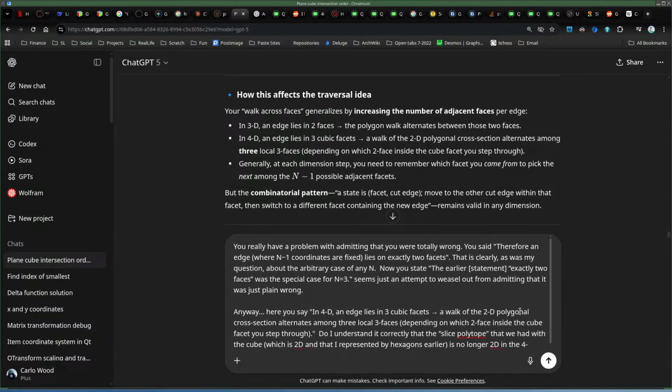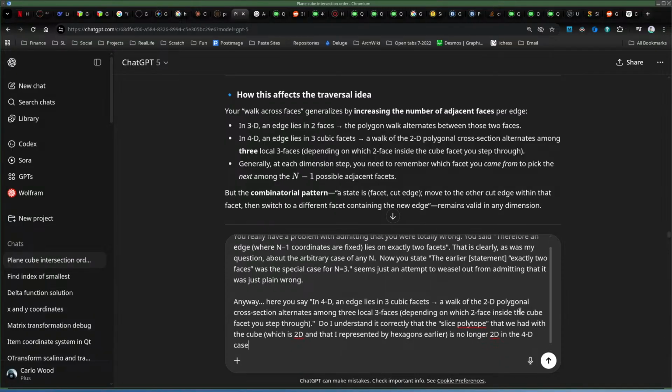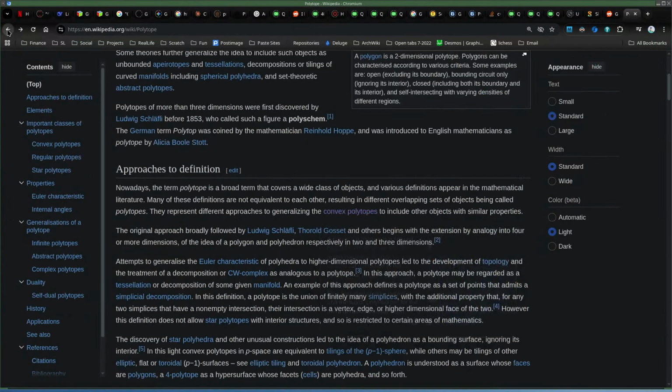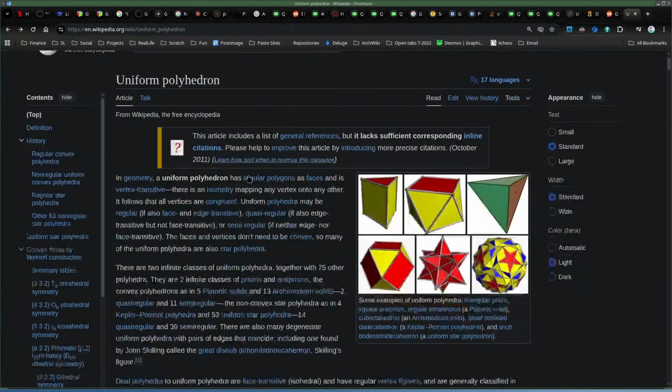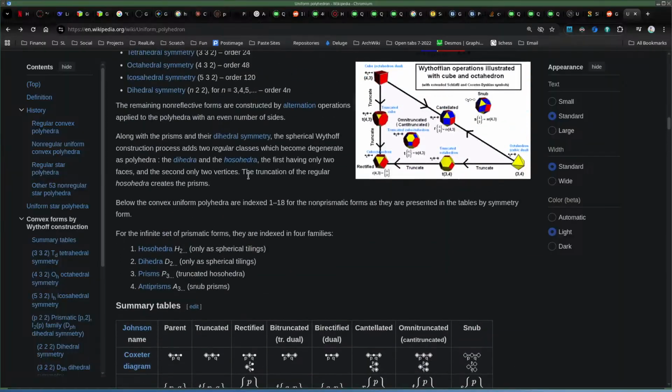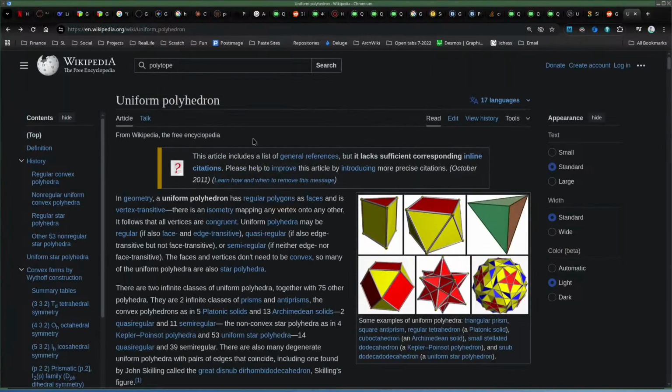And the 4D case with the tesseract. Where do I find the tesseract word?